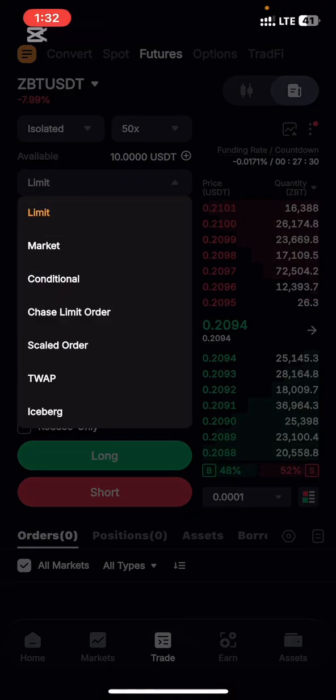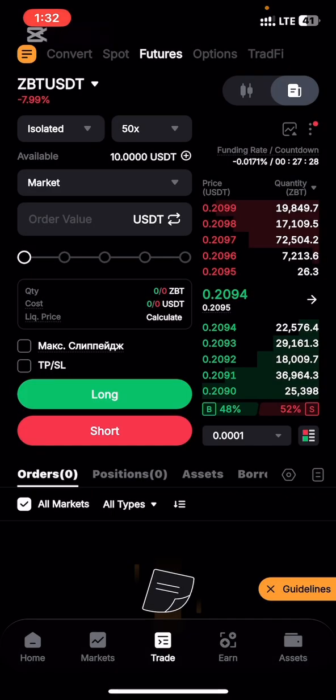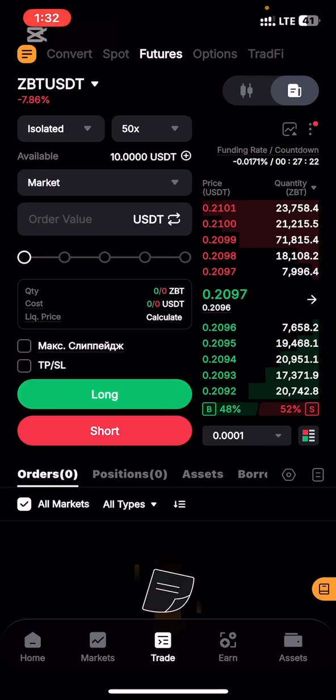Now the market. Once you enter the trade, once you set up the entering price and click either long or short, it takes you to the market directly. This is not like limit.